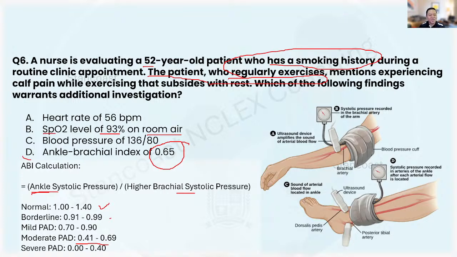So let's go back to the ABI. The moderate value in the ABI and the severe PAD are really going to cost us more investigation. And so that will be our correct answer.